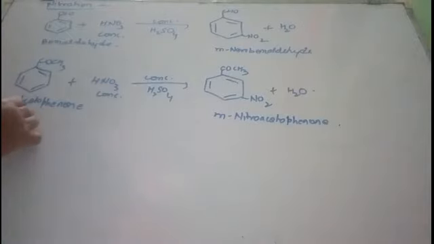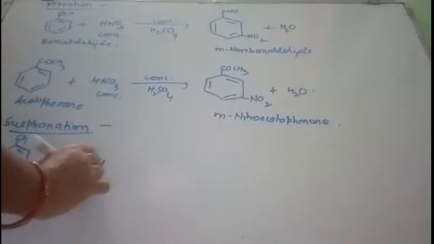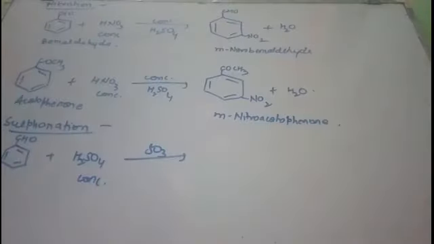Similarly, if we have to do sulfonation, the reaction will be carried out in the presence of oleum. So concentrated sulfuric acid, here we will write SO3. We can directly write oleum also. So we will get the sulfonic acid group at the meta position.